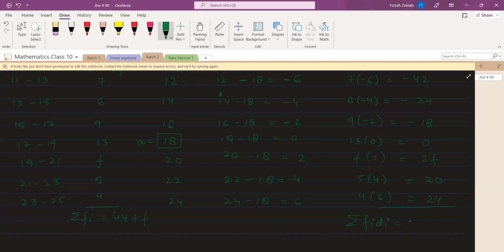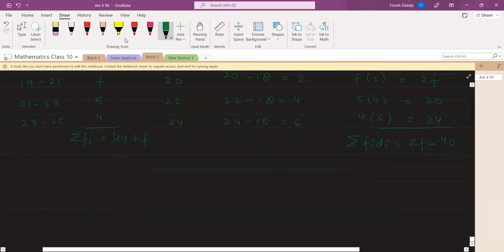I think it will be 2f minus something. Tell me this number. 140 minus 12. Minus 40. Okay, minus 40. Rida, Hamna, is that okay? Yes, ma'am.